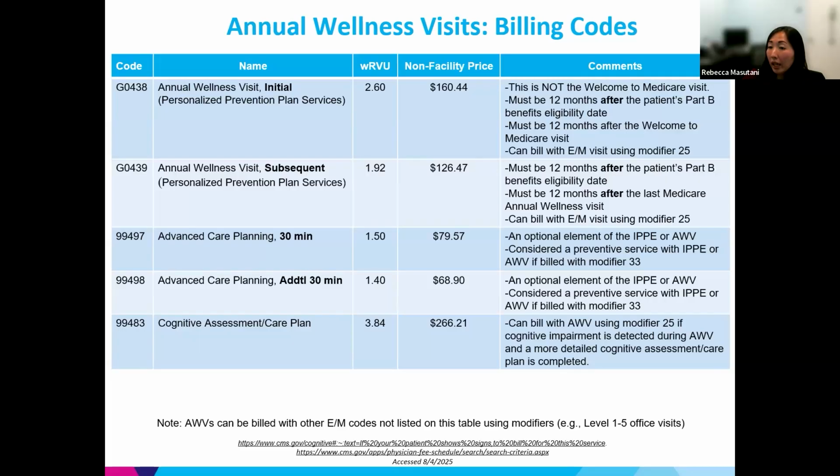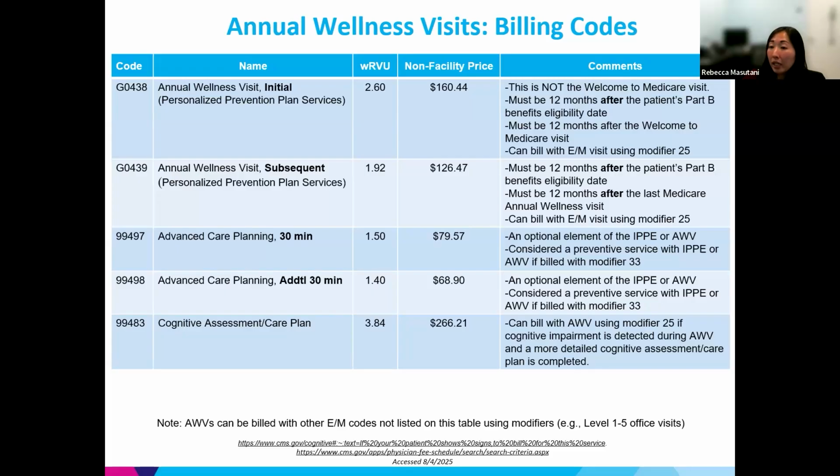If the annual wellness visit is completed in conjunction with advanced care planning, then providers can bill for both the Medicare annual wellness visit and advanced care planning using a modifier 33. And if modifier 33 is used for both of these encounters, in that case, the patient generally is not subject to a cost-sharing amount for these services.